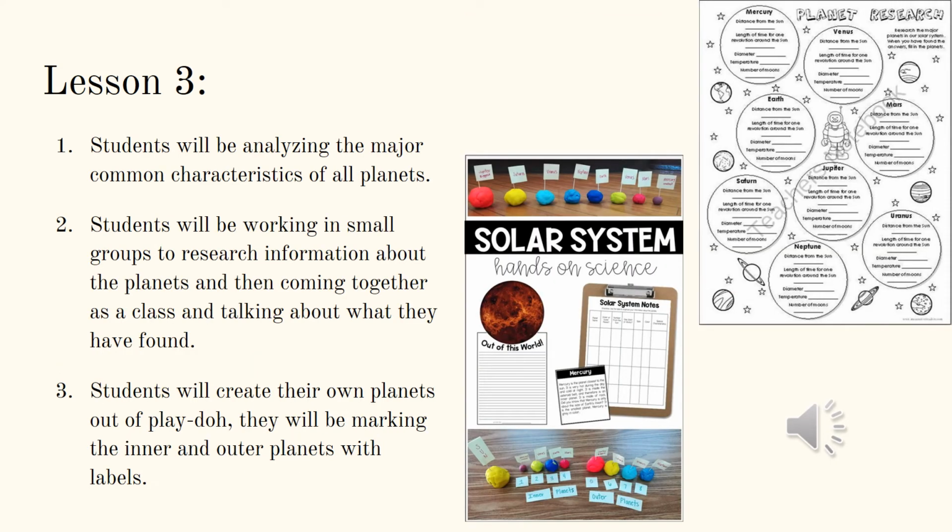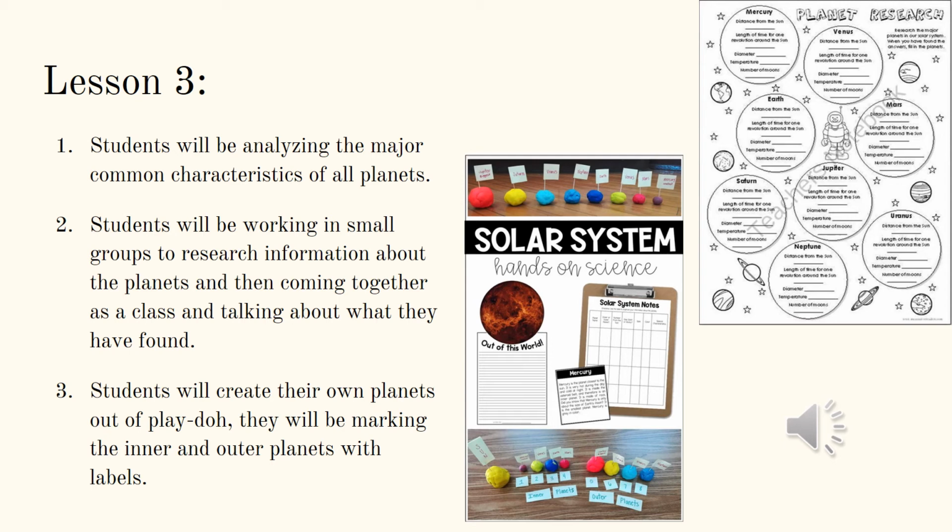For lesson 3, we had students analyze the major common characteristics of the planets. We used many different resources that we found, and we had them working in small groups to research information about planets, and then coming together as a class and talking about what they found.